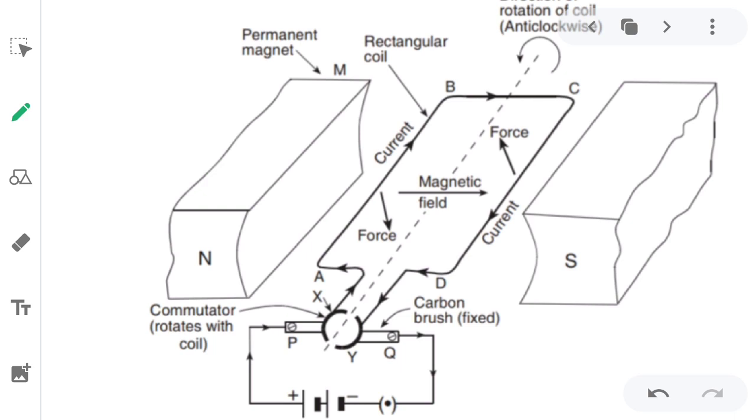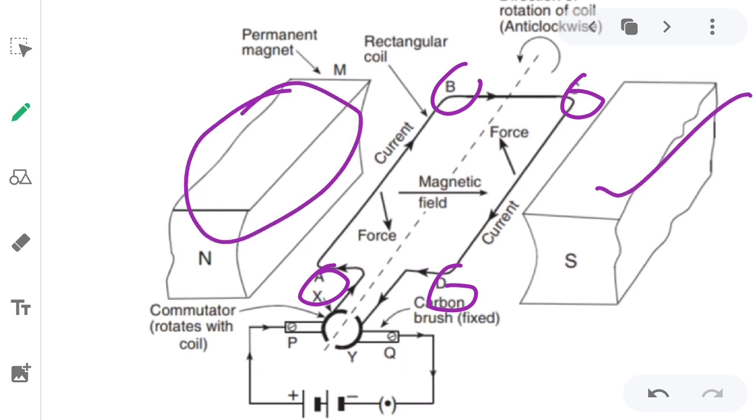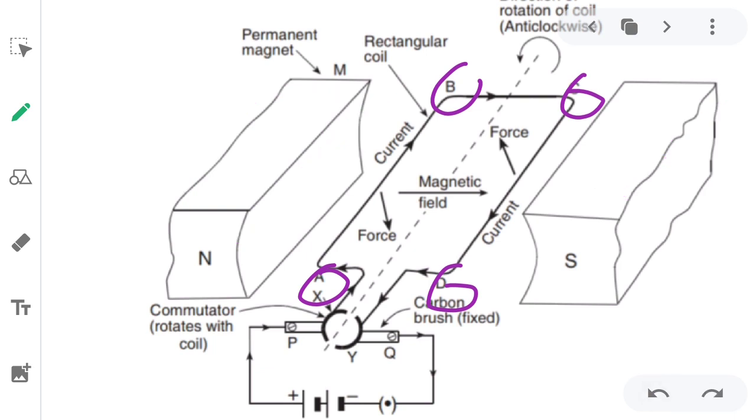So here you can see a current carrying conductor ABCD, which is placed between two horseshoe magnets, whose north pole and south pole are given, which you can see. Now we will see the different parts.